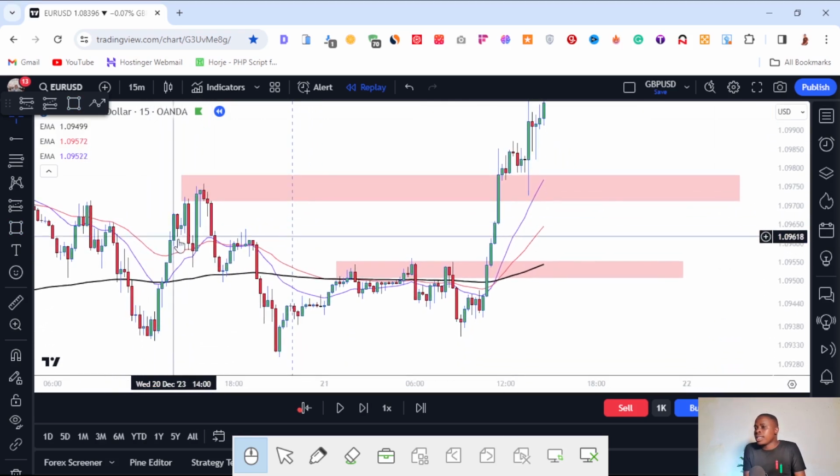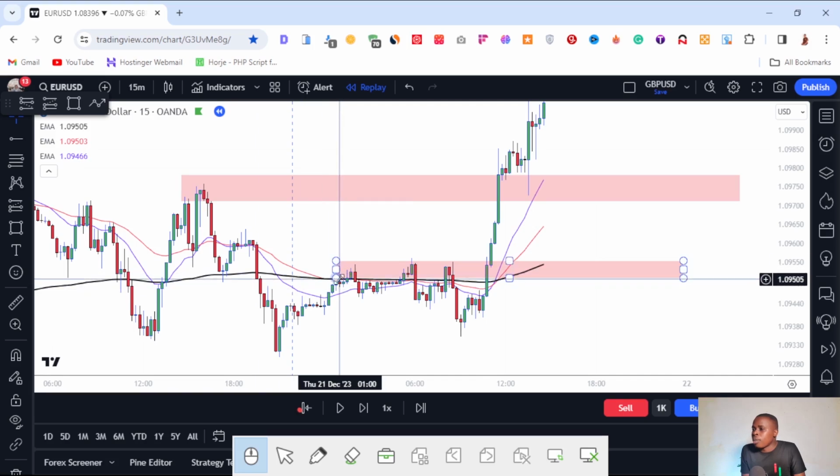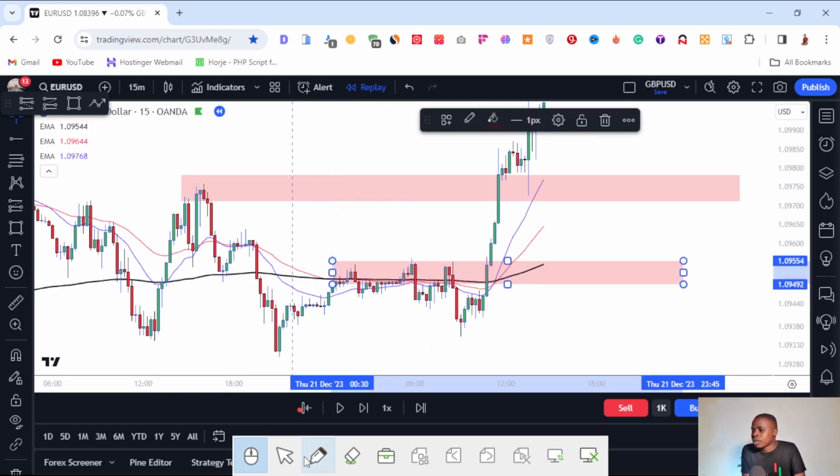So looking at these two zones, the market will either come back down to this zone right here and then pull up, or it will go all the way to this zone and pull up. And on both zones, we are looking to place a buy trade.